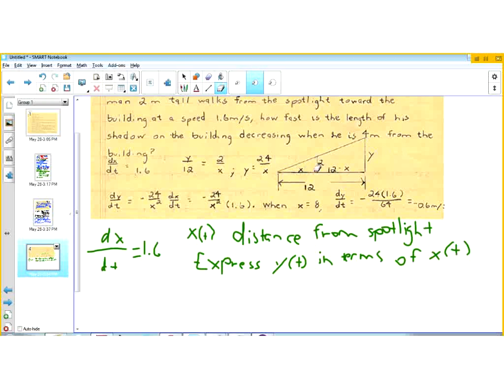The way we deal with that is we use similar triangles.